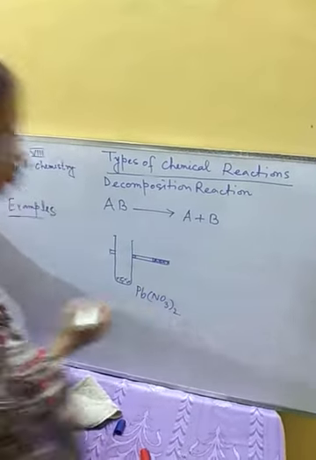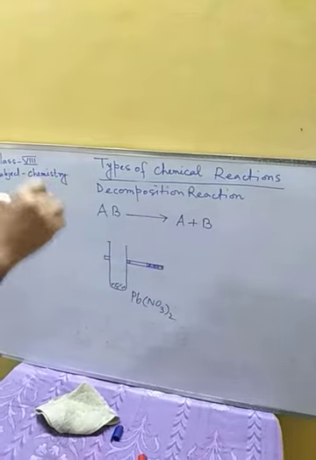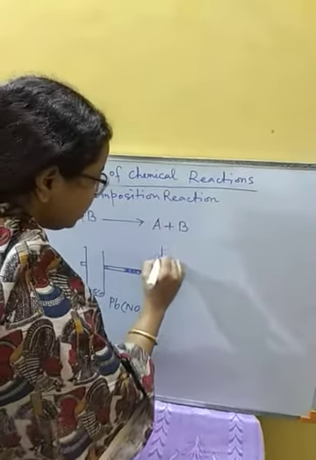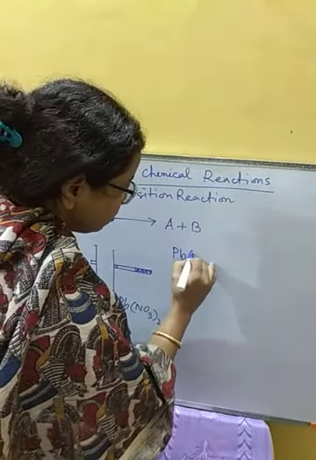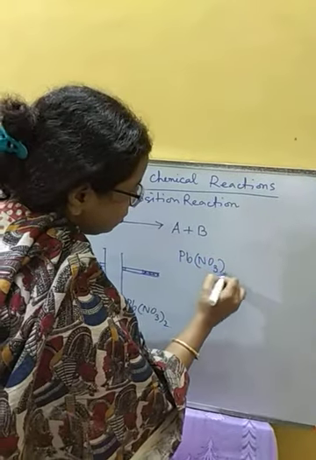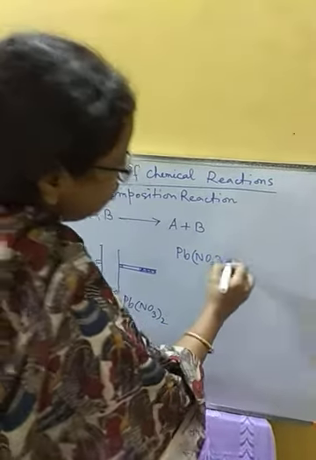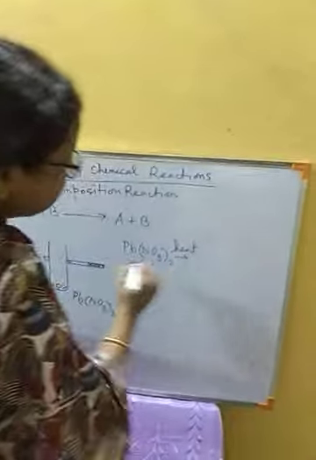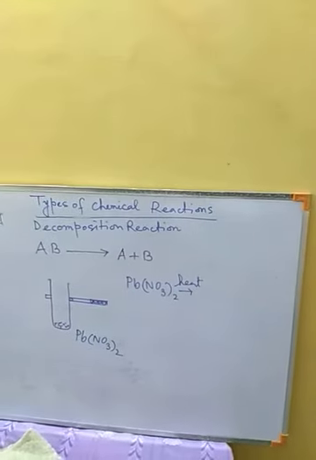Pb(NO3)2. So the reaction is, if we heat lead nitrate Pb(NO3)2, lead nitrate is a white crystalline substance.